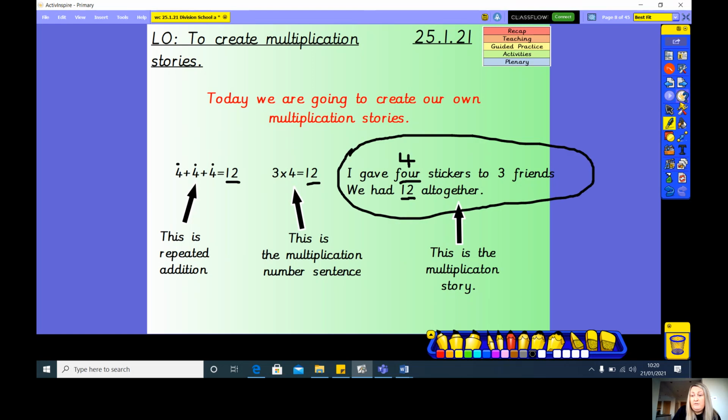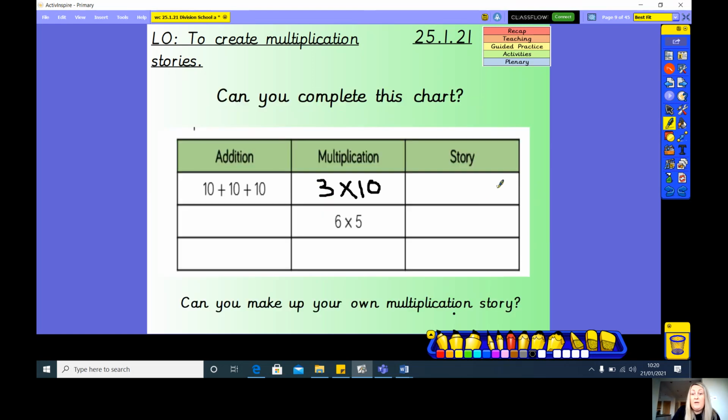You could write a different story. It doesn't have to be about stickers. It could be about Minecraft characters. It could be about anything you want to. Footballs. It could be about dolls. It could be about pencils. It could be about fruit or sweets. Whatever story you want to do, it's absolutely fine as long as you try and include these multiplication number sentences.